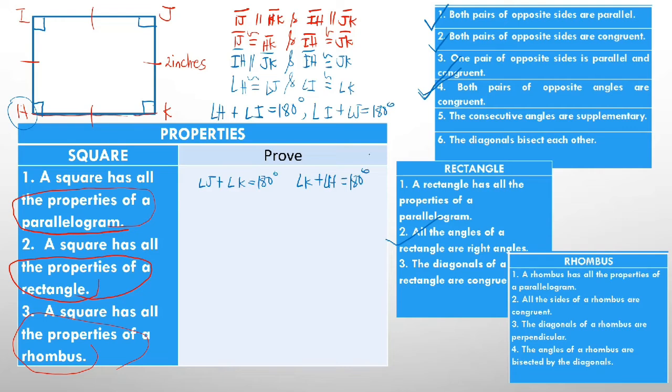Next property is number 6: the diagonals bisect each other. We have diagonal IK and diagonal JH.